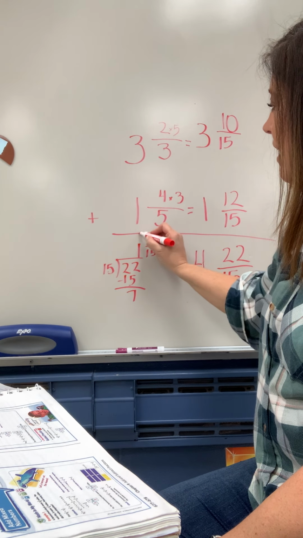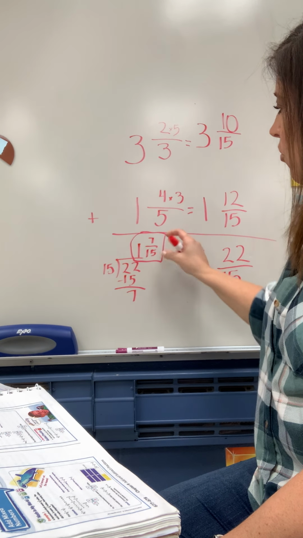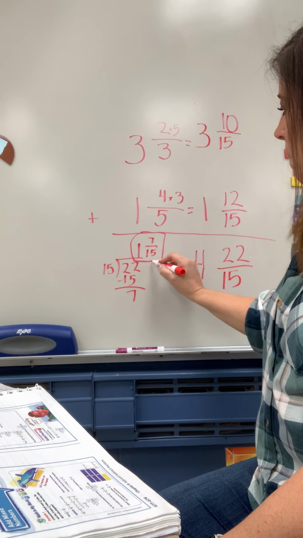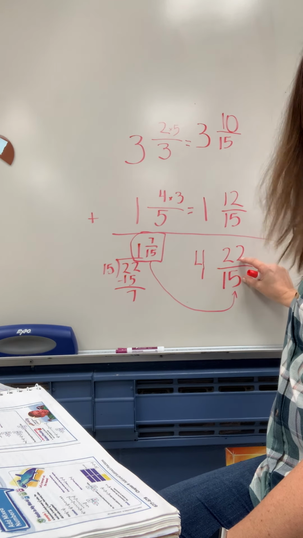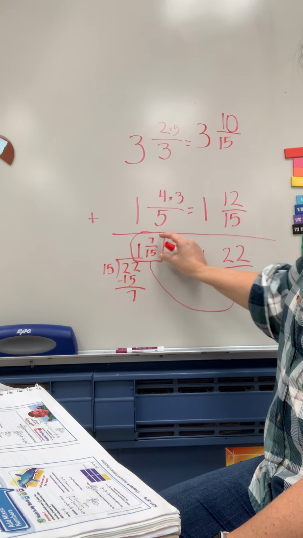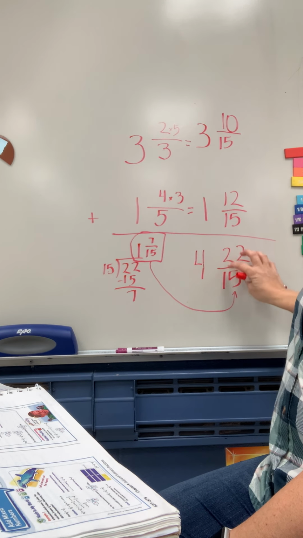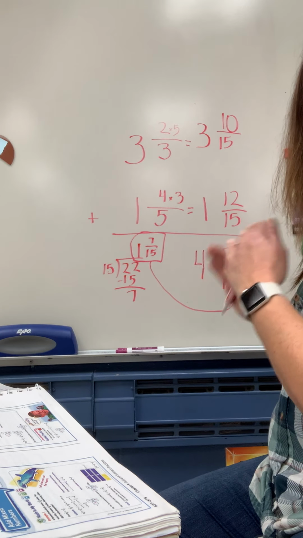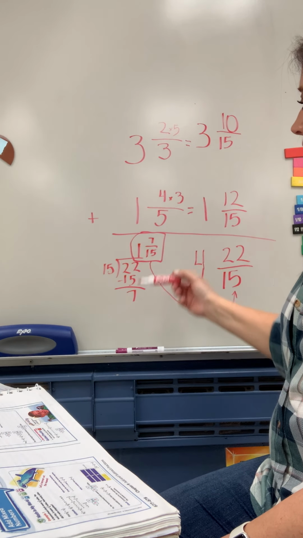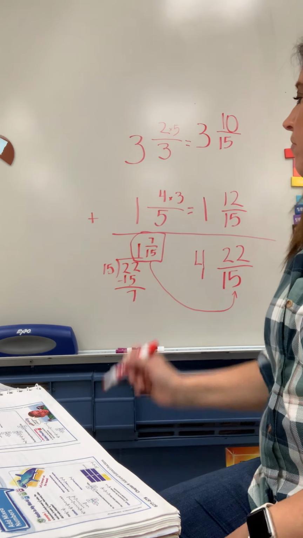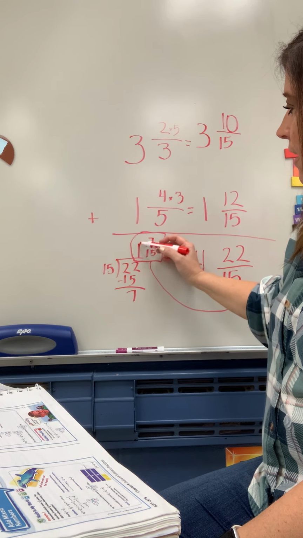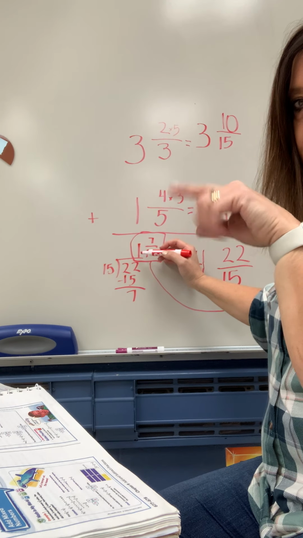Okay, well, what does this represent? It represents just the 22/15ths. So I can put 1 and 7/15ths in place of the 22/15ths. They are equivalent amounts. If I had pizza and I cut the pizza into 15ths, I would have one whole pizza cut into 15 slices, and they would all be there.